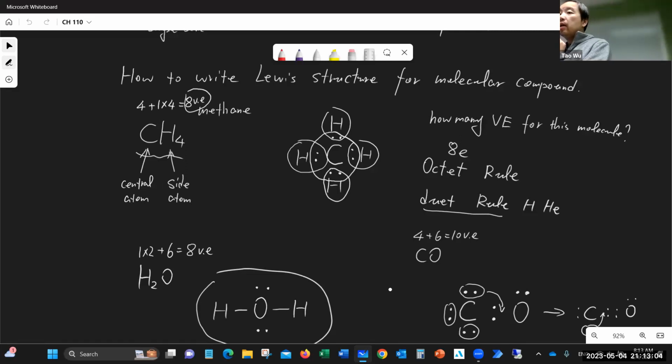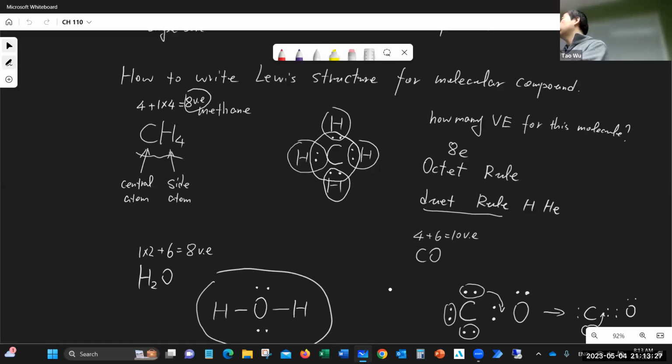Then you count how many valence electrons there are in total for these molecules, and then you assign the dots. We talked about assigning the side atoms first. The side atoms follow either the octet or the duet, either 8 electrons or 2 electrons.